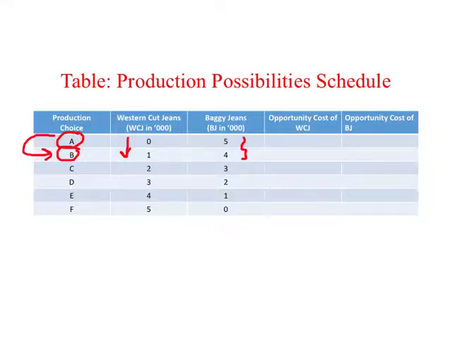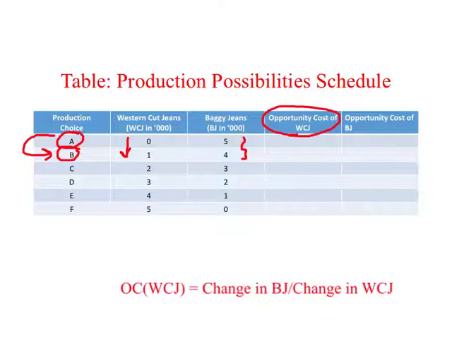So what is the opportunity cost of Western cut jeans? It will be change in baggy jeans divided by change in Western cut jeans. Let me type this out once again so you can remember this. Opportunity cost of Western cut jeans will be change in baggy jeans divided by change in Western cut jeans. And how do we measure change?